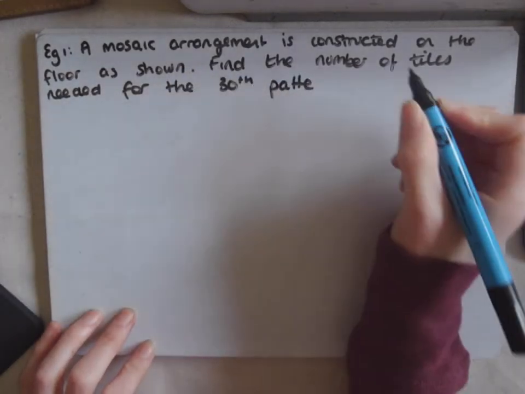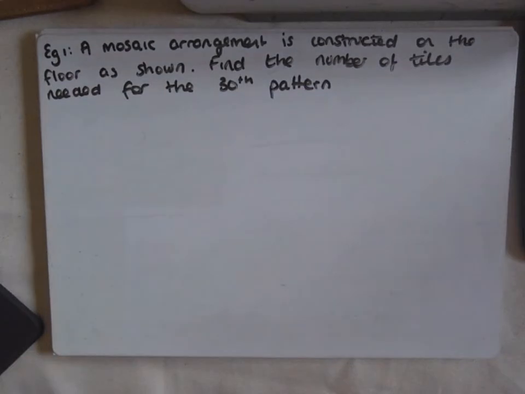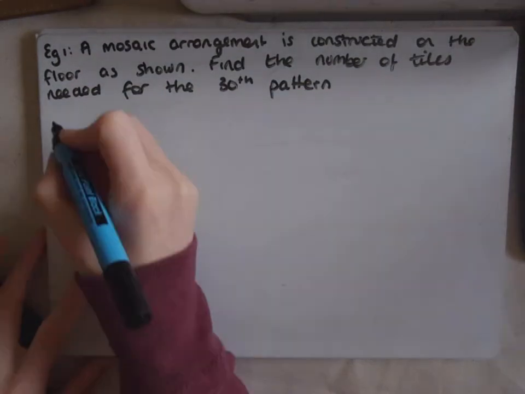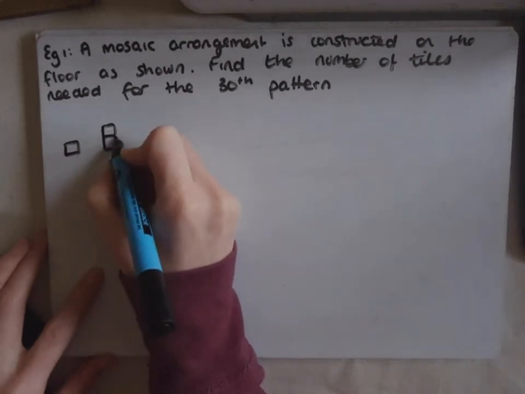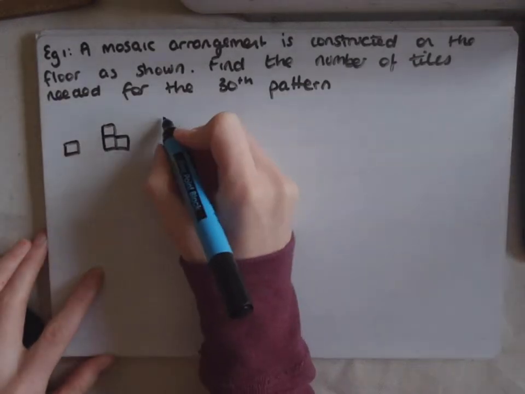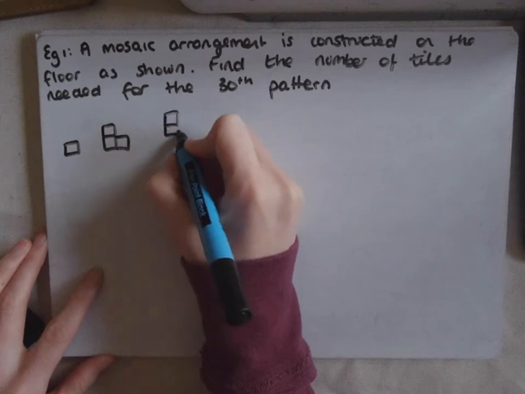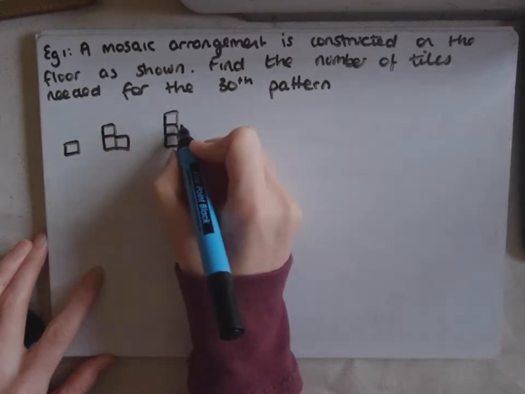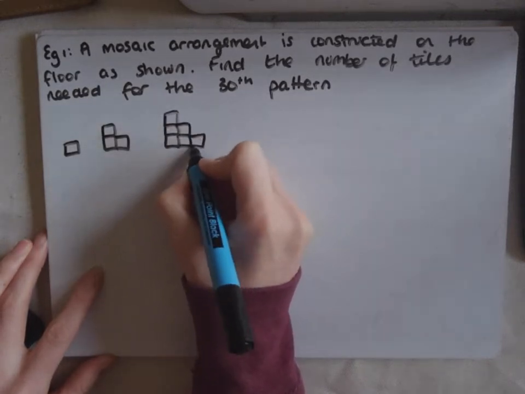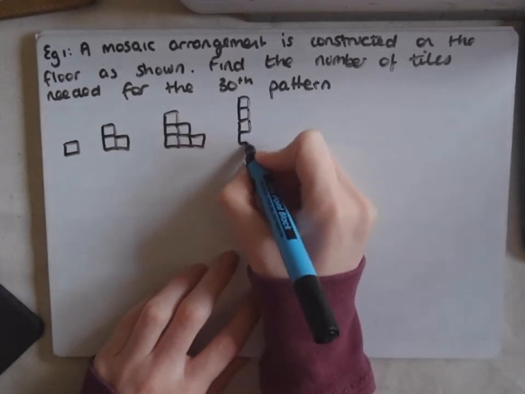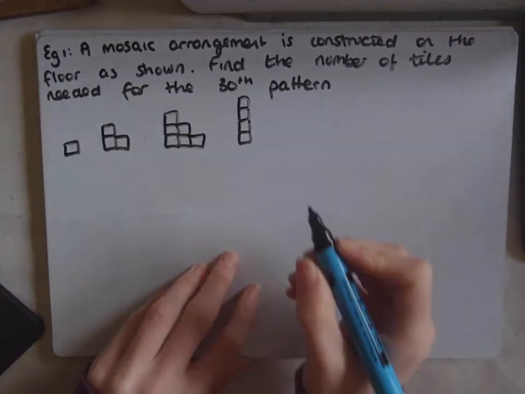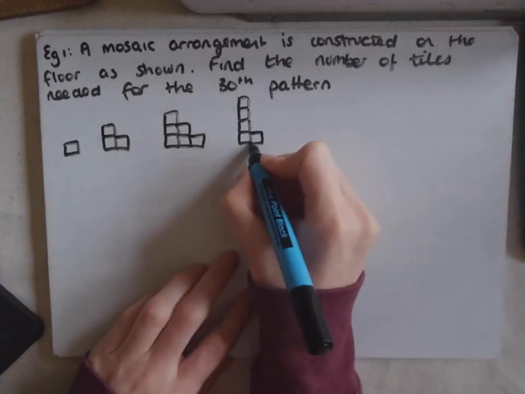A mosaic arrangement is constructed on the floor as shown. Find the number of tiles needed for the 30th pattern. This is on page 356 of your book.